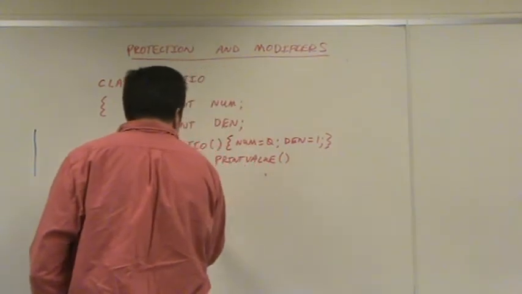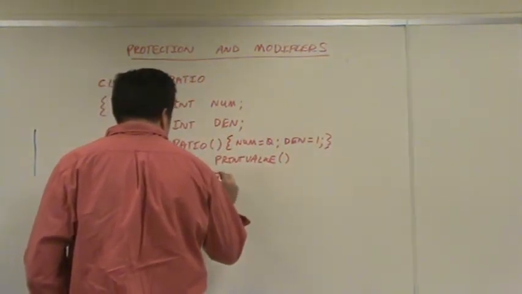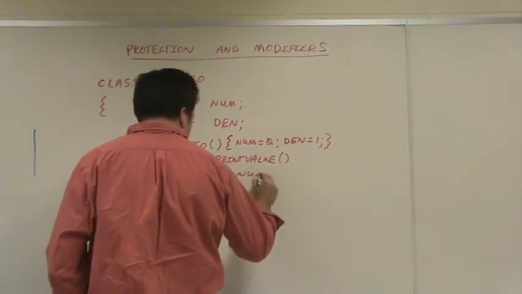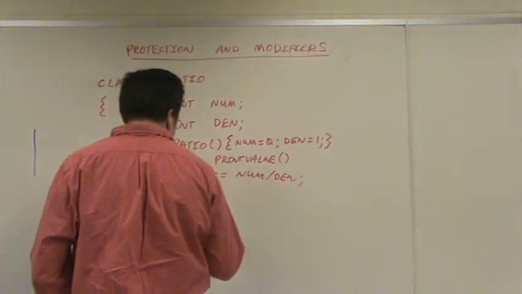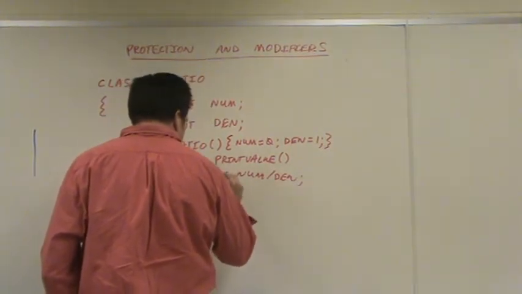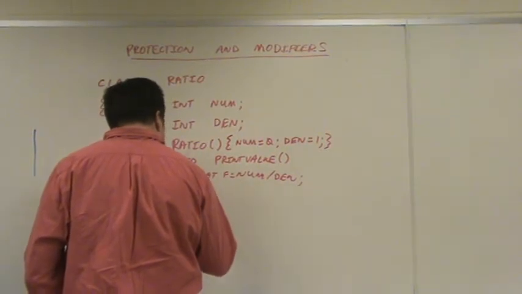I think what we did last class was we had a float equals numerator divided by denominator, and then we printed it out.